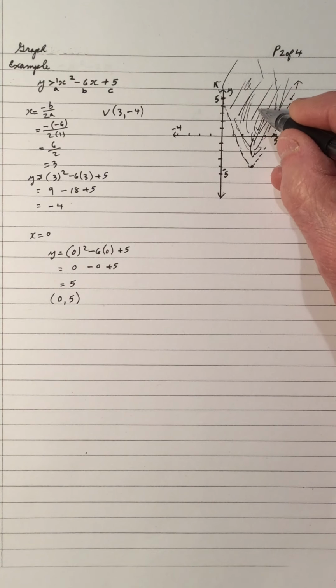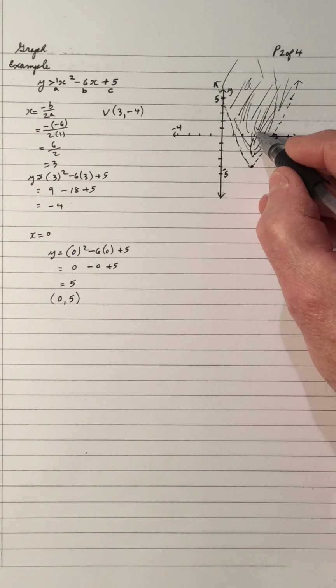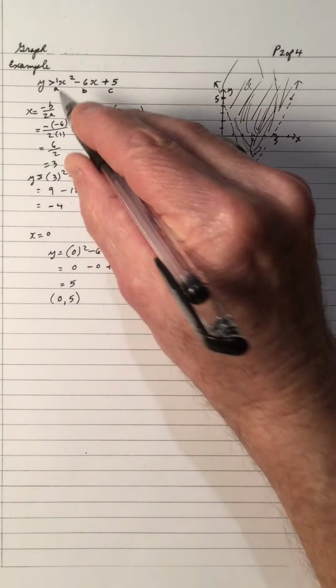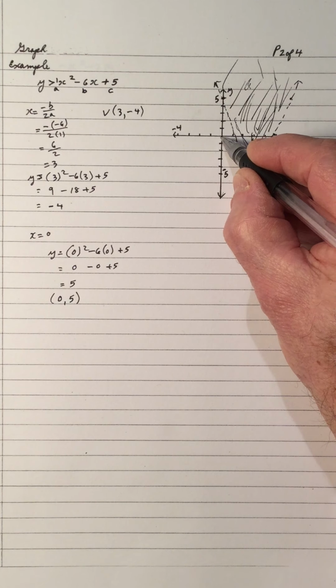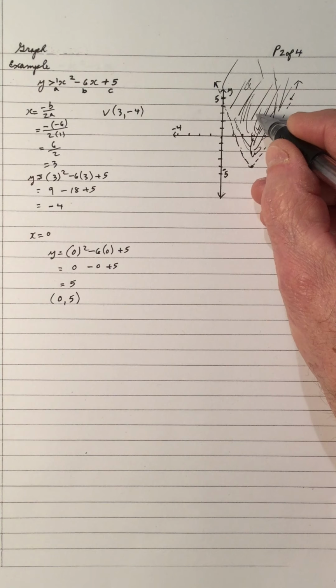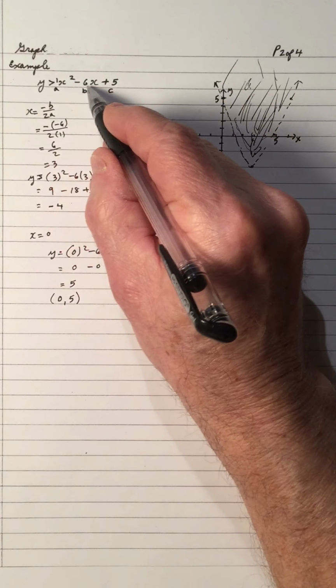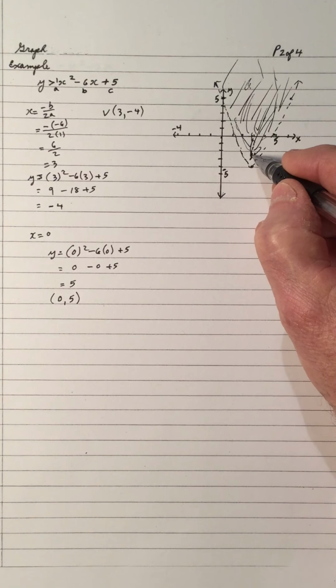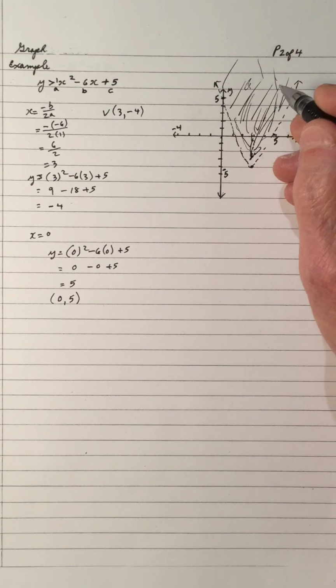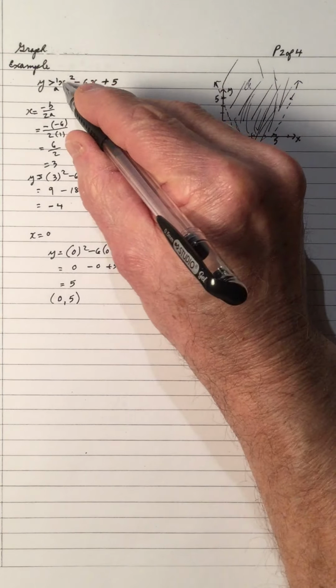So if you pick any point in here, if you pick the point 3, 0, it would make this inequality true. If you pick the point 0, 0, 0, 0 is not here, so 0, 0 would make this false. So knowing that it's greater than, you can just shade above.